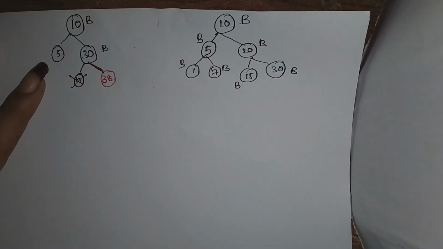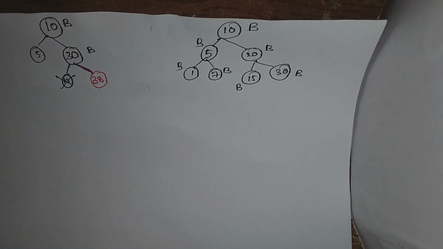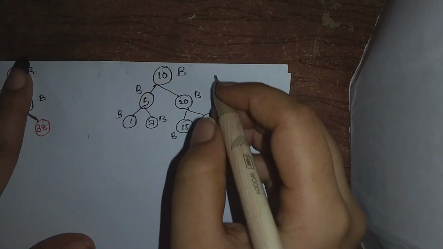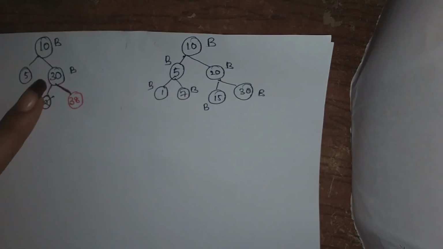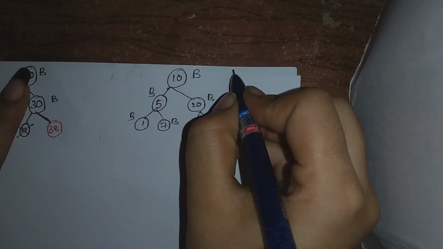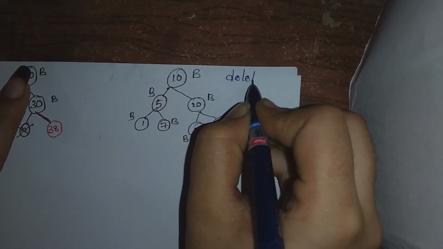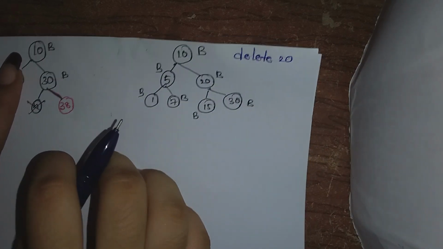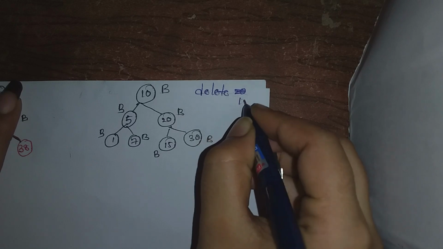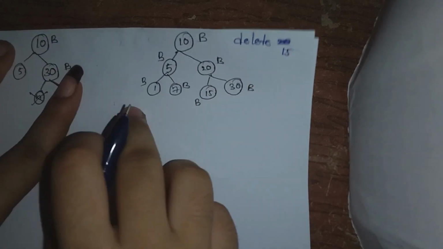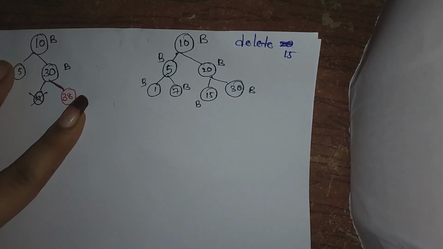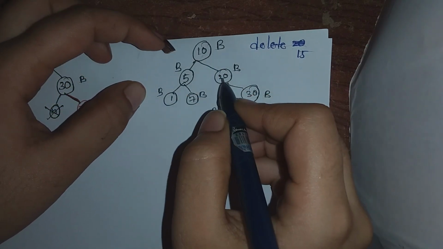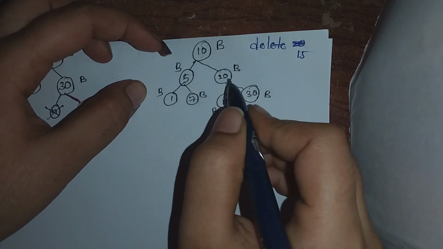Consider another example. Now delete 20. Sorry, delete 15. So we need to check for 15. Checking for 15, 15 is greater than 10 and less than 20.